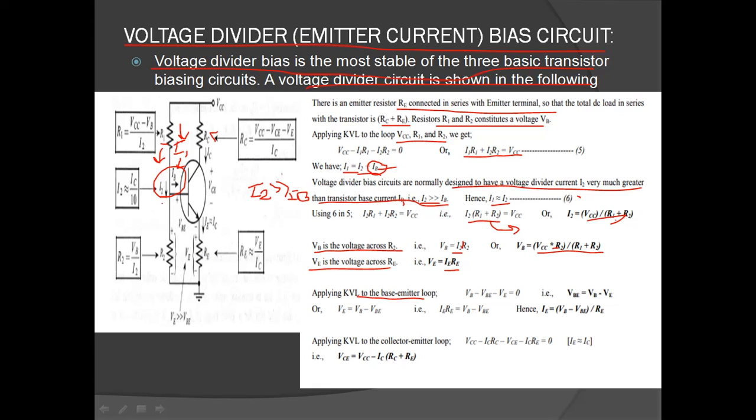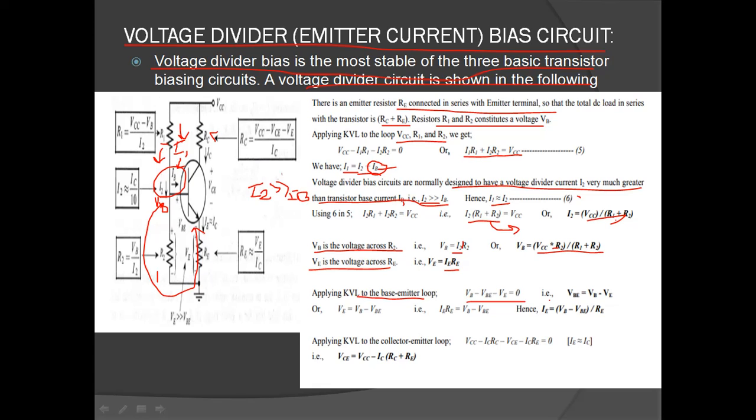VB, the voltage at the base across this R2, minus VBE, the base emitter voltage, minus the voltage at the emitter, that is VE, is equal to 0.